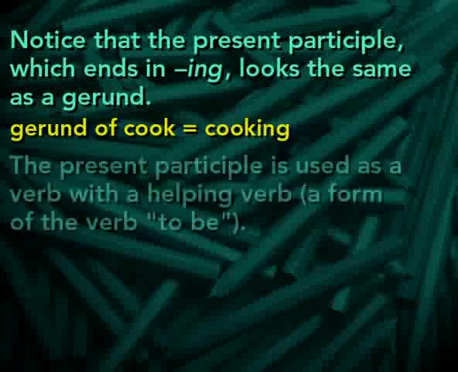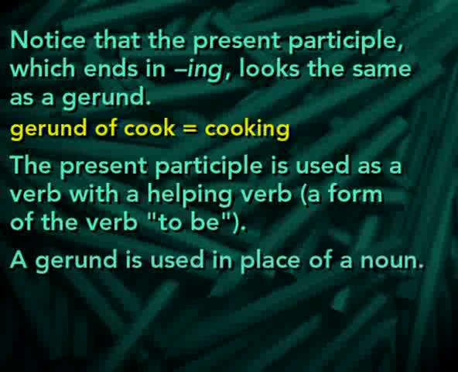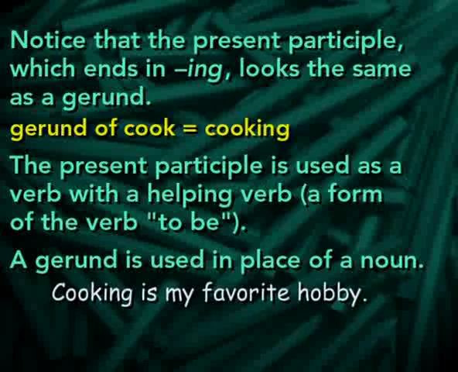As we've seen, the present participle is used as a verb with a helping verb, which is a form of the verb to be. By contrast, a gerund, which looks the same, is used in place of a noun. Therefore, when you see an ing word being used as a noun in a sentence, that's really a gerund, not a present participle. So, for example, I might say, cooking is my favorite hobby.